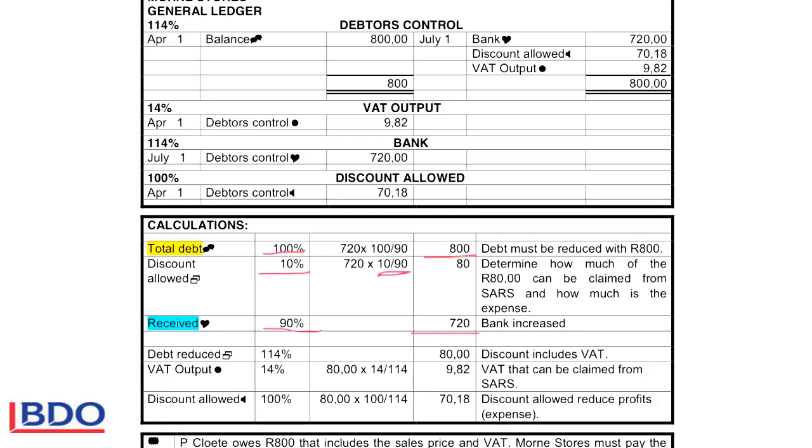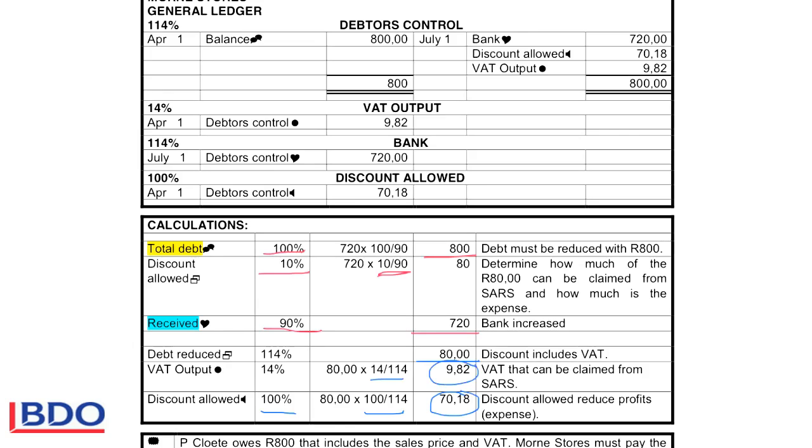So for this amount of 80 rand that we calculated as discount, we must make a split and say how much of this money is discount for the business that will reduce their profit. So it will be 100 over 114. And this is the loss for the business. The VAT is 14 over 114, and that will give me 9.82 rand.